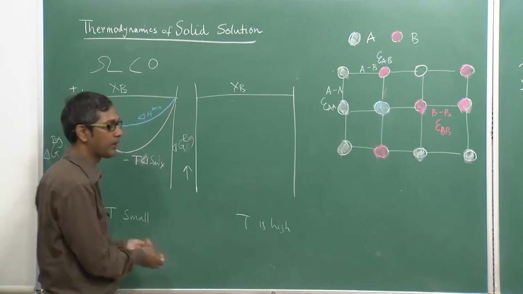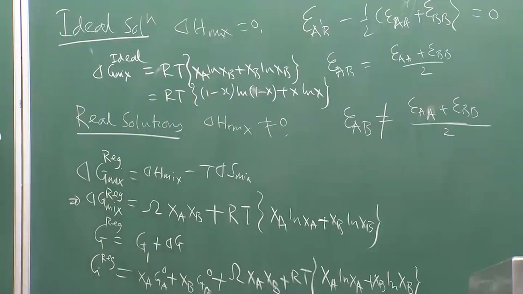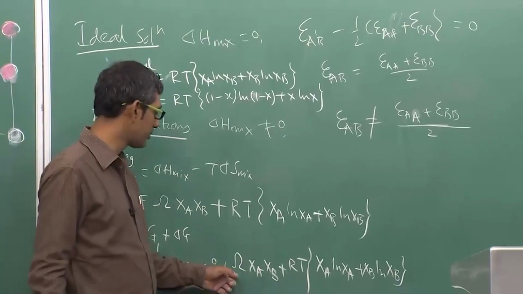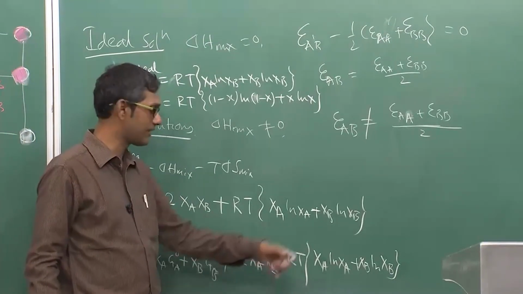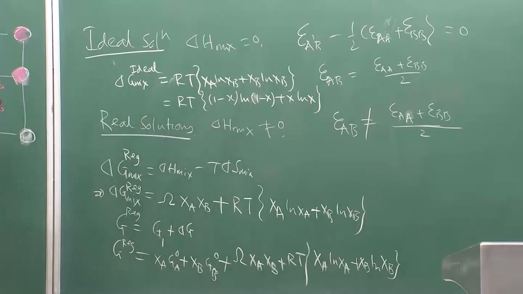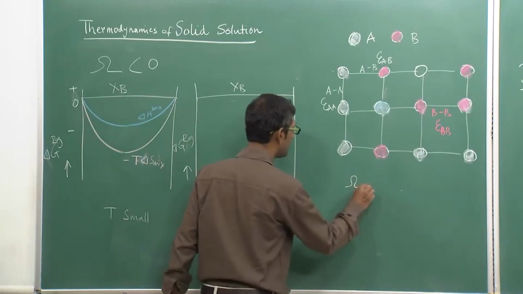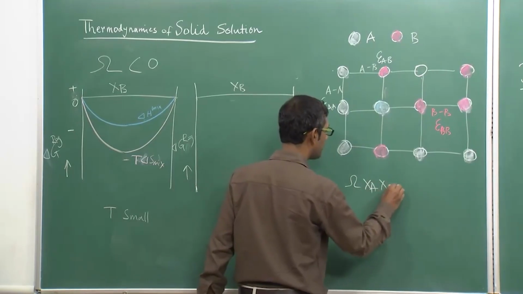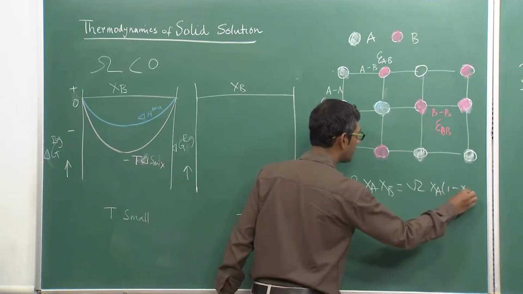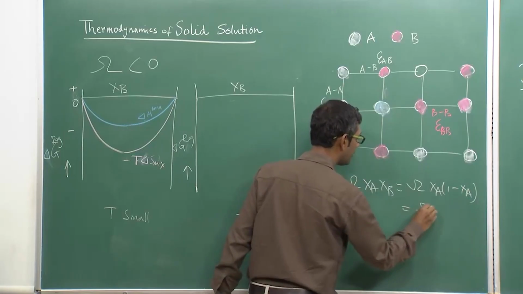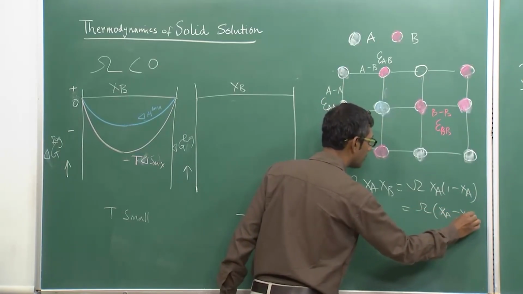Why this inverted parabola? I have told you, because if I expand this, it looks like a parabola. This is sigma into xA xB, that means xA into 1 minus xA, so there is an xA square, and that is why it is an inverted parabola. If you are not understanding, I can write it down: sigma xA (1 minus xA) is sigma (xA minus xA square).